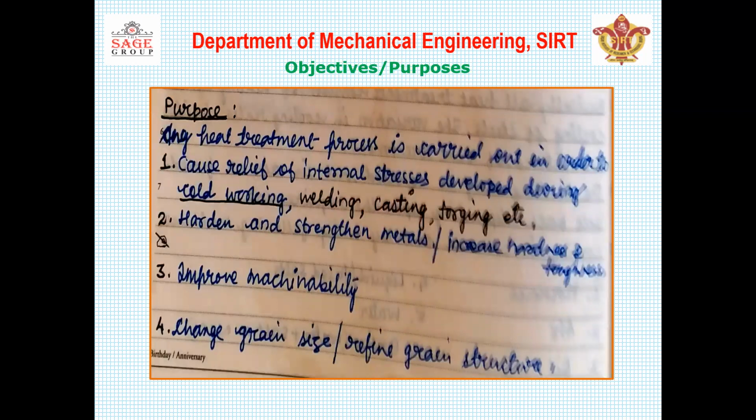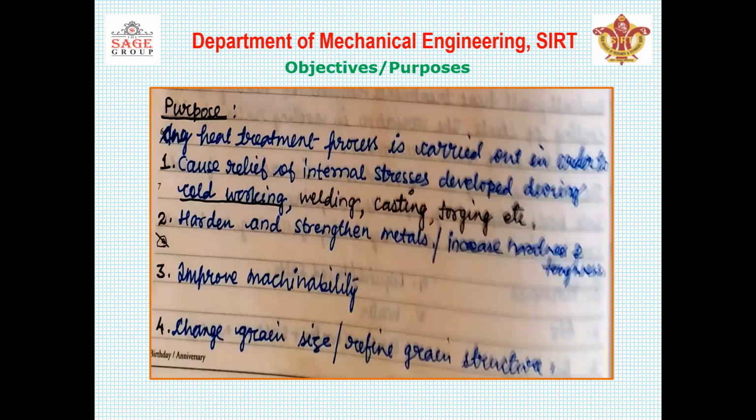What is the purpose or objective of the heat treatment? So here some purposes are listed. For which purpose is heat treatment carried out? First is to relieve the internal stresses developed during cold working, welding, casting, and forging processes. The component or part on which we are going to apply the heat treatment has already been processed by other manufacturing processes like welding, casting, forging, or cold rolling.